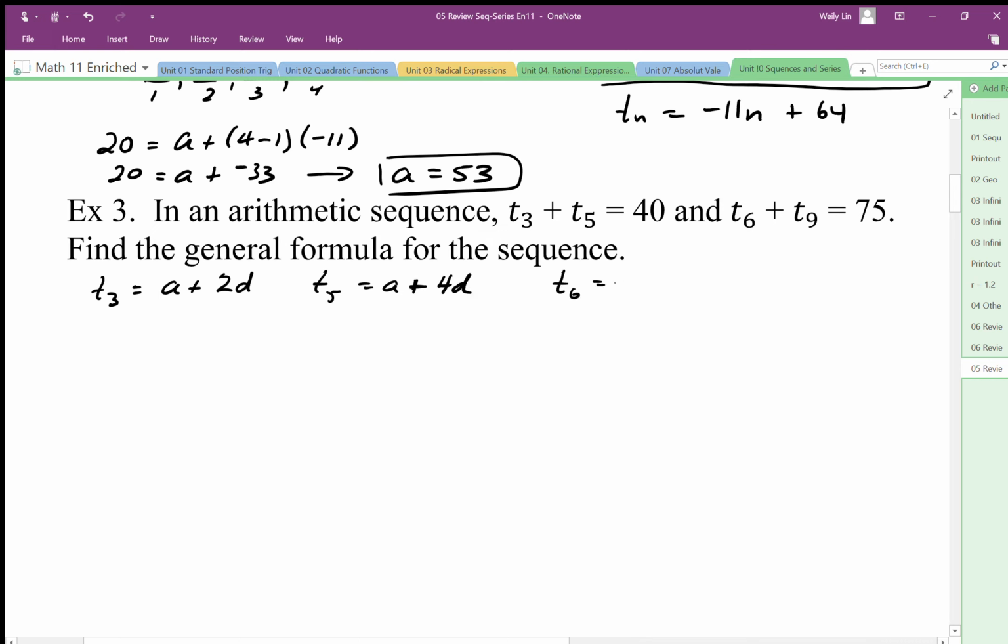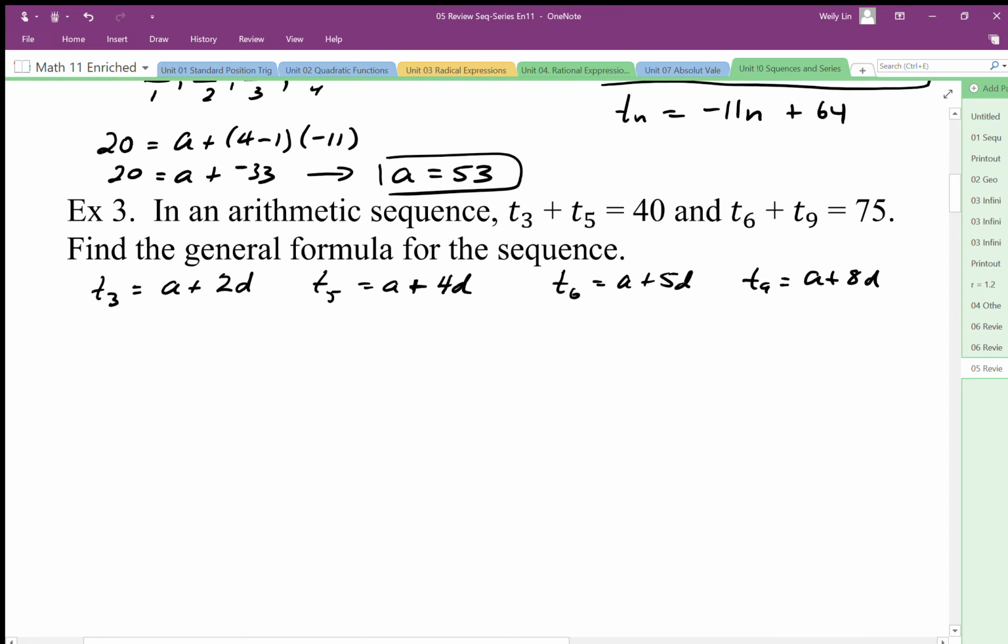T6 we can write as A plus 5d, and T9 we can write as A plus 8d. Since we have two variables, A and d, we just need to come up with two relationships, and my two relationships are going to be the two given.